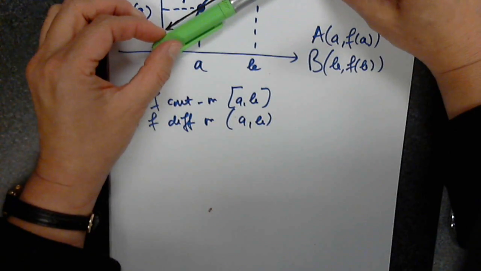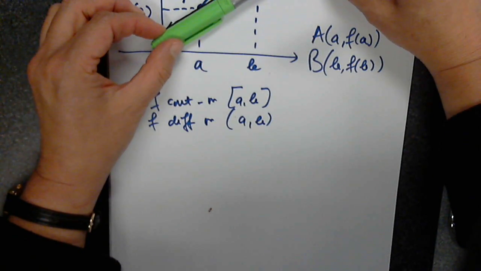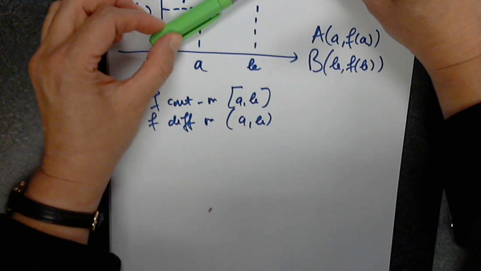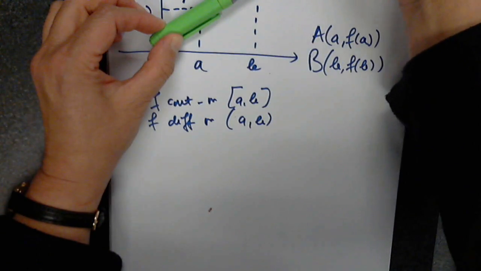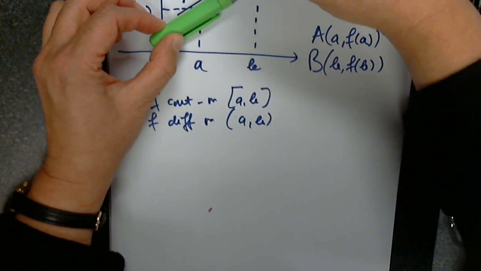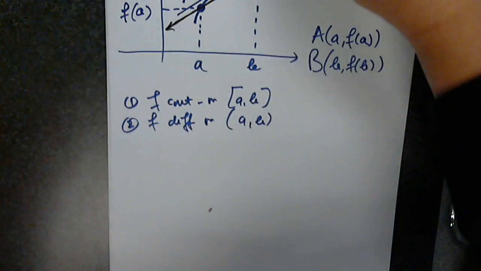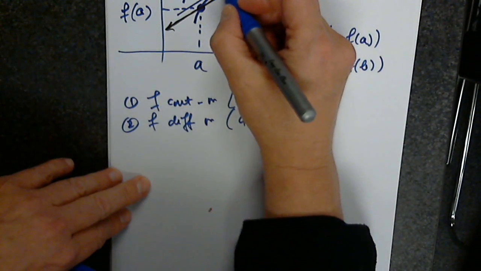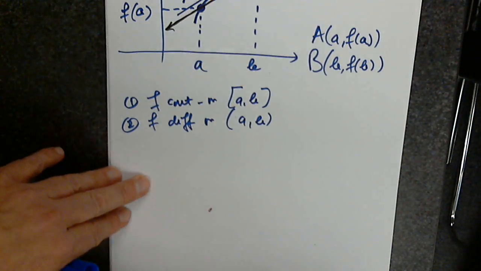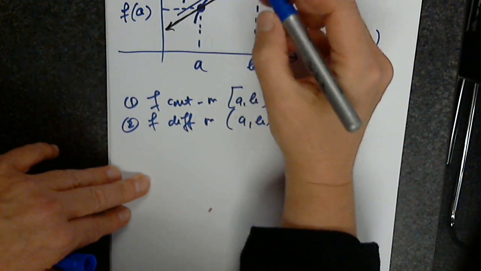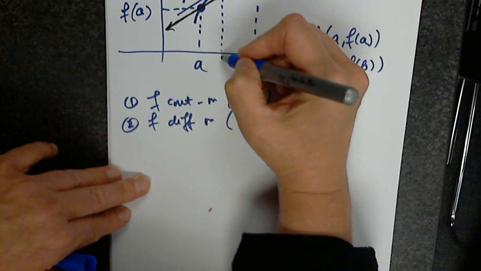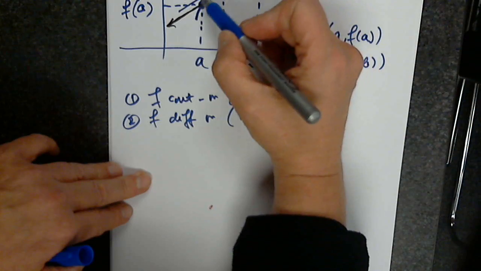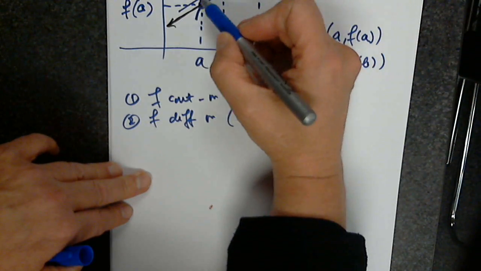So I'm just shifting the line AB till it becomes a tangent. So at this point, I hope you agree, that's another point. I'm going to call it C with lowercase c.